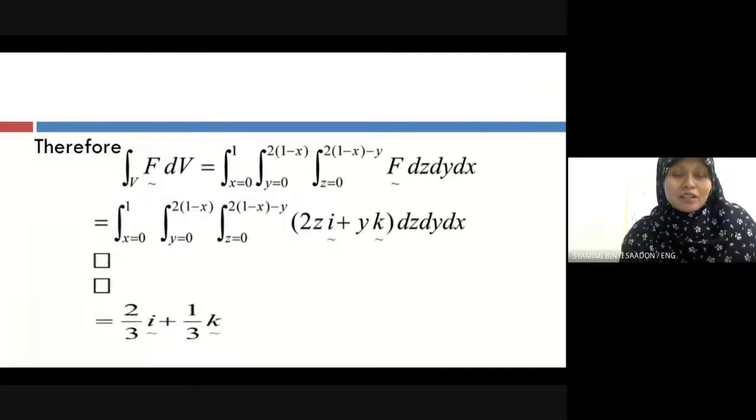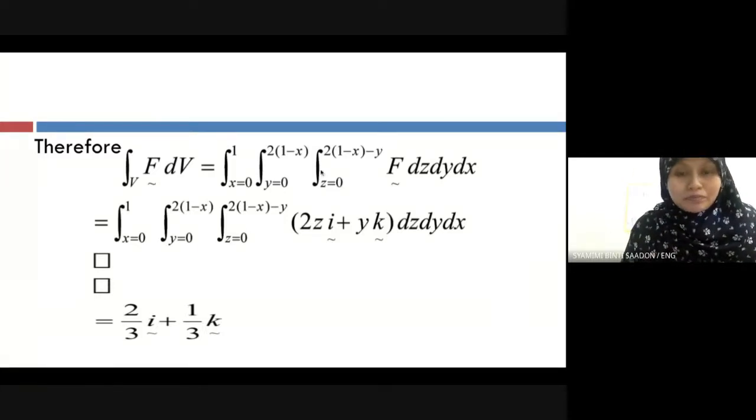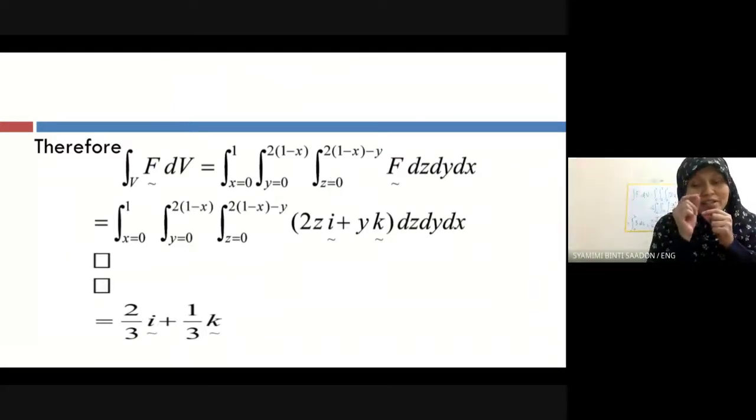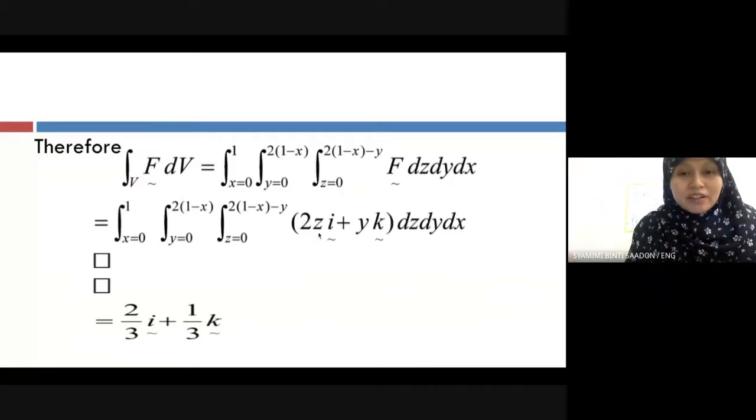So to calculate the integral of vector f over the volume V just now, we have this: the vector f dz dy dx. So we solve the z first because in the function z we have x and y. So we start with the z first. So this is the function f, the vector f.